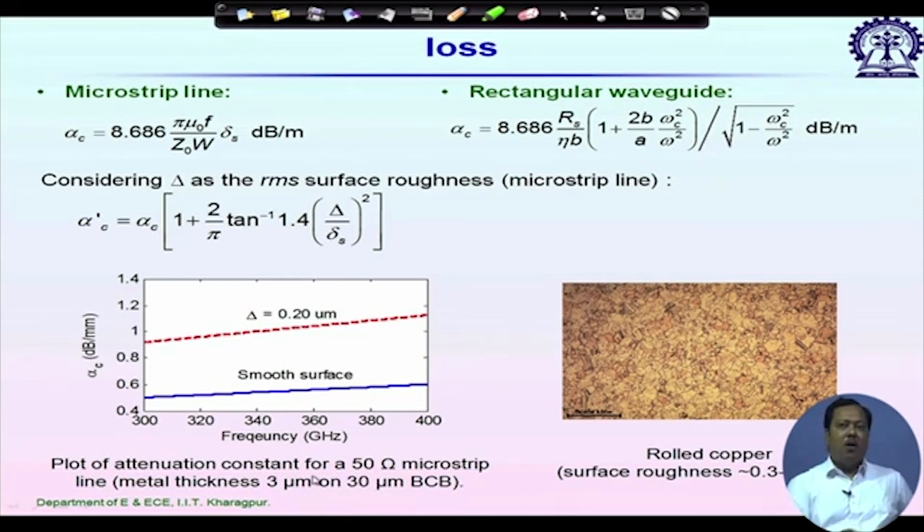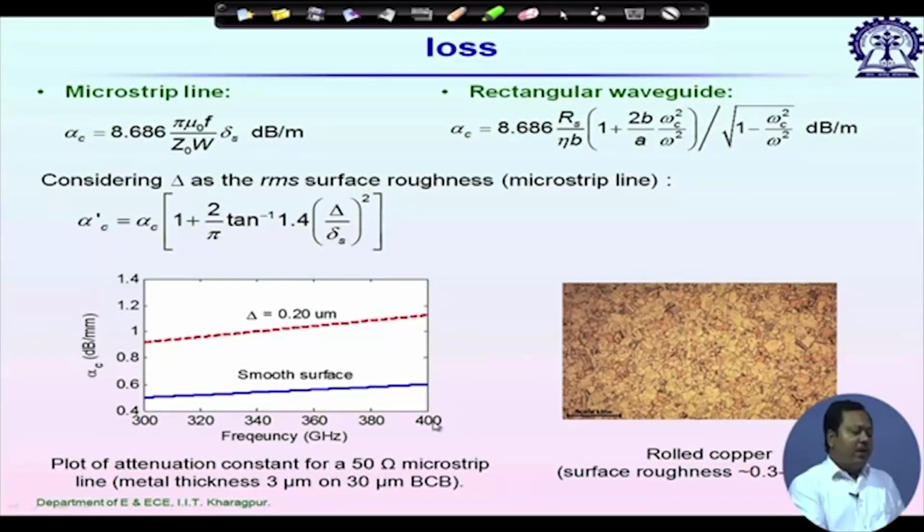So, what should be the optimal thickness of metal whenever we are designing any printed lines? We know the concept of skin depth. At 100 gigahertz for copper, the surface current density is already 1 by e times at 0.21 micrometer depth. Now, if I use, let us say, an unnecessarily thick metal, a few 100 micrometer, we know that there won't be any current inside.